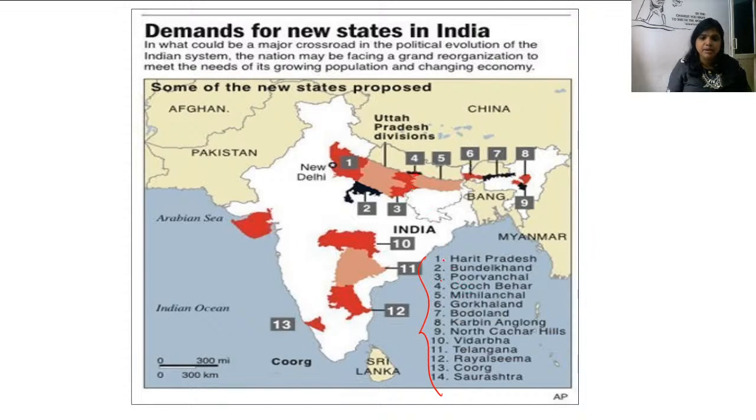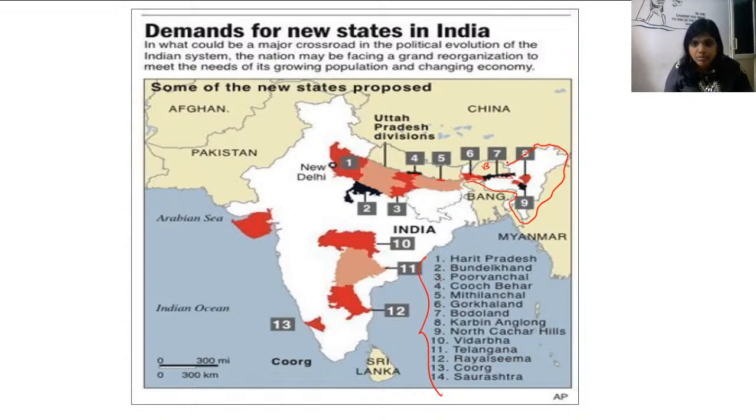It's a border with Nepal. And Mithanchal, it is also again in Bihar. You have Gorkha land. This is a very important part for us. Gorkha land, Bodo land. Yes, we have this. The more unrest in these areas, the more tensions it will create for us.